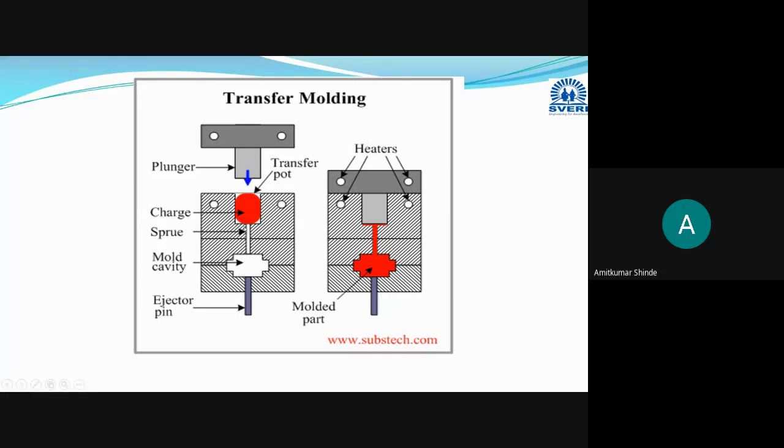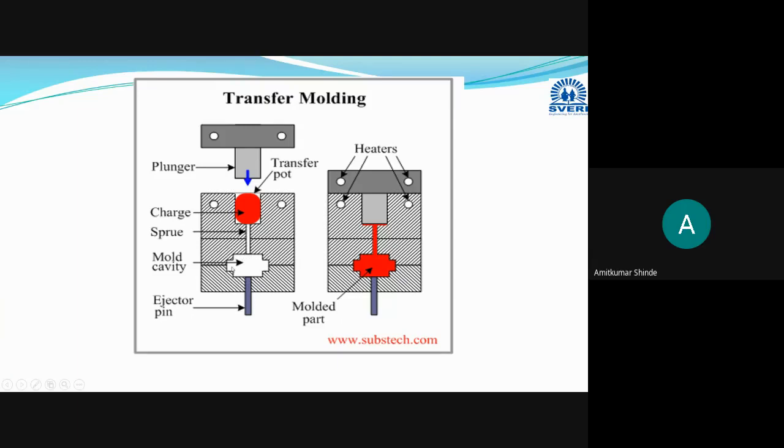Through this sprue, or you can use a runner and gate arrangement, depending on the number of components you are going to manufacture, we force this material. Whichever raw material we have collected and heated, which is now in softened form, will be pressed with the help of the plunger and transferred through the sprue into the mold cavity.